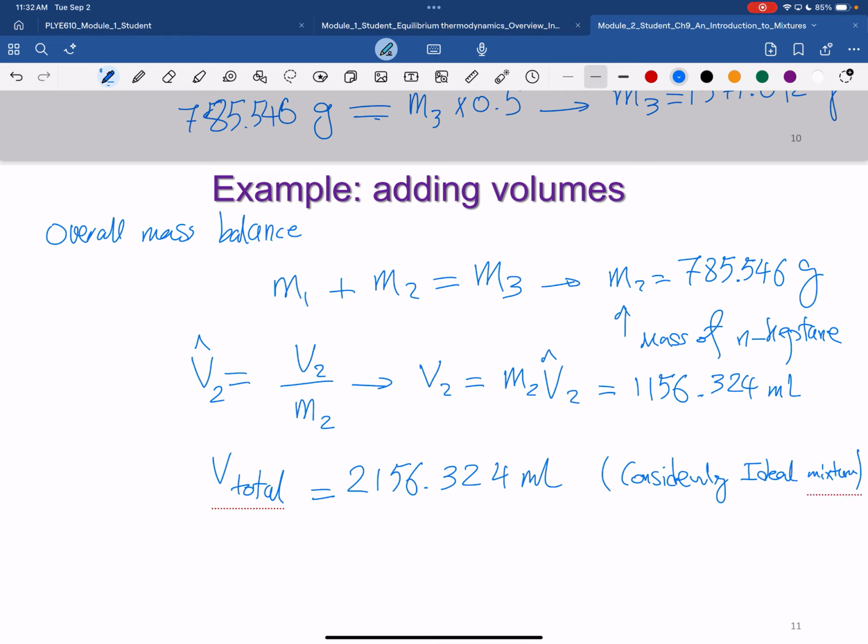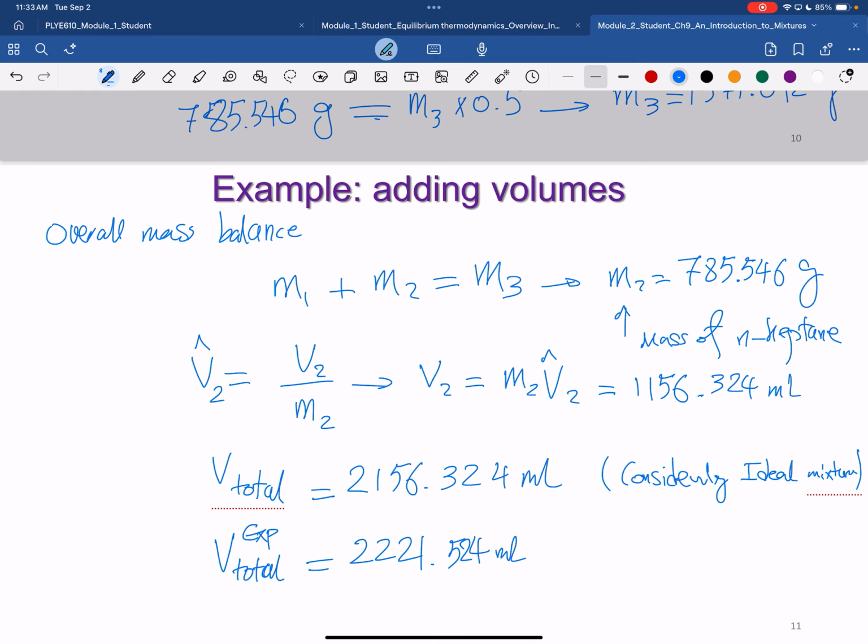If you go into the lab and measure the actual total volume for this particular experiment, it's going to be 22 milliliter.